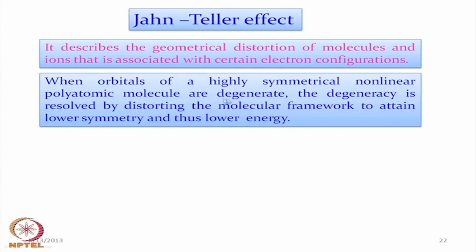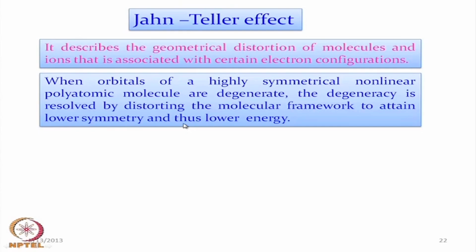So this triplet level and the doublet level have a degeneracy of 3 and 2. That particular degeneracy will be resolved or lifted if we have a particular type of electronic configuration which will be able to distort the molecular framework to attain lower symmetry, thus lower energy.